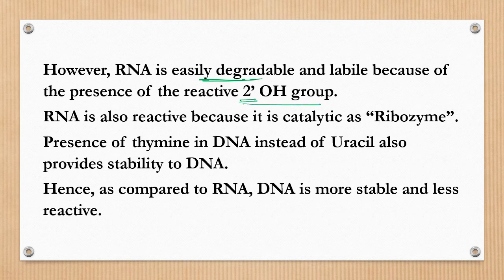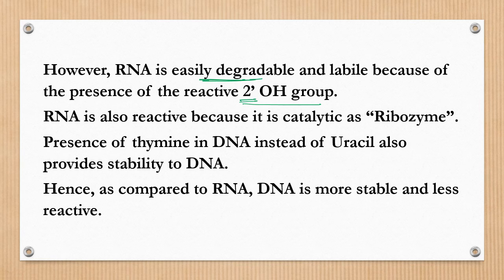Then come to the structures. Now DNA and RNA have a backbone made of sugar and phosphate. Both DNA and RNA have pentose sugars, but in DNA the pentose sugar is deoxyribose and in RNA it is ribose sugar.